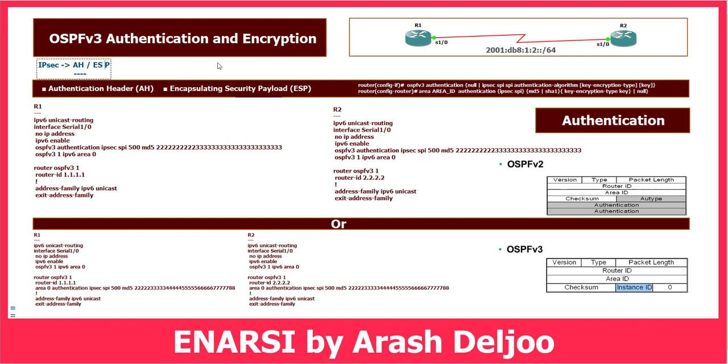In the AH, or authentication header option of IPsec, we have only authentication, not encryption. But when you enable ESP, you have both authentication and encryption. Encryption means we are encrypting the OSPF packets in R1, and in R2 we are decrypting the packets. Let me show you first the authentication header, the AH header of the ESP.